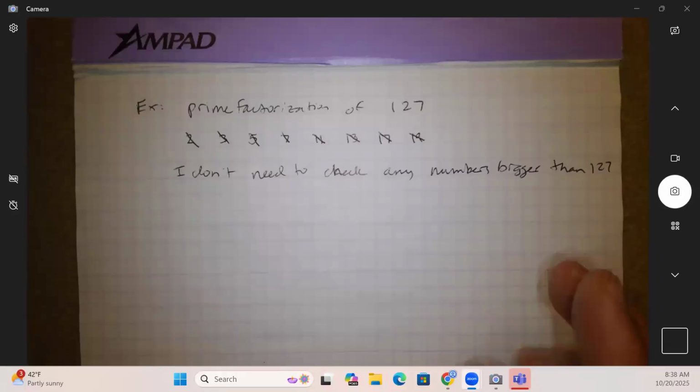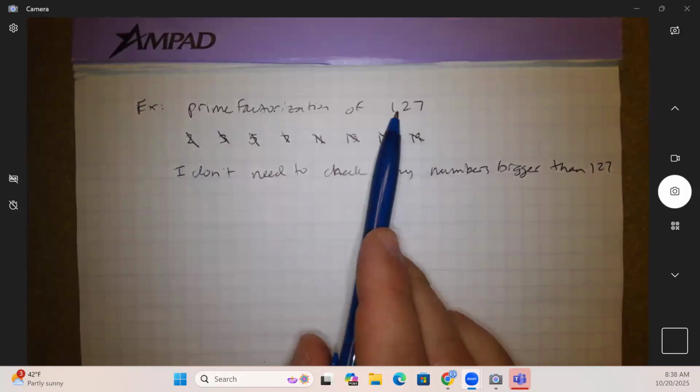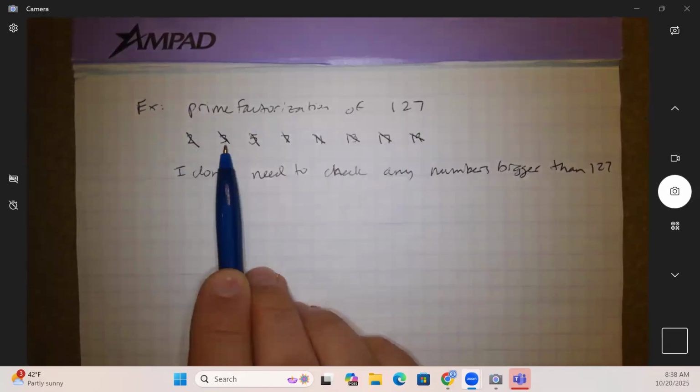What about 79? 79 is a prime number. Do I have to check 79? Because again, even if I multiplied it by 2, it wouldn't work. So really, I shouldn't have to check any prime that's bigger than half of that number. Because if I can't multiply it by 2, then I definitely couldn't multiply by 3.